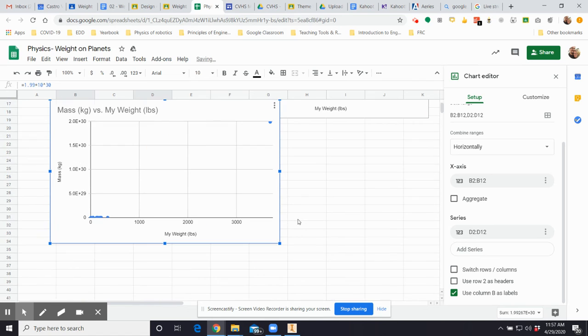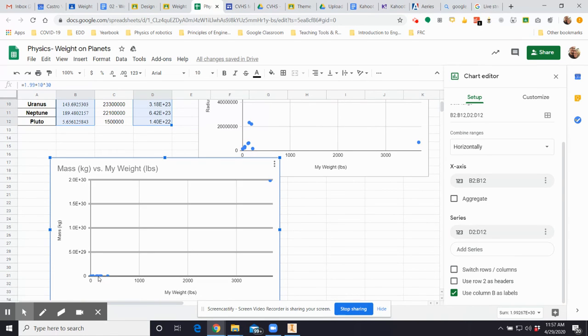So now we can see a comparison of how the mass of the object relates to your weight.